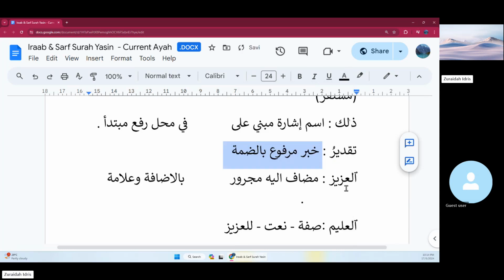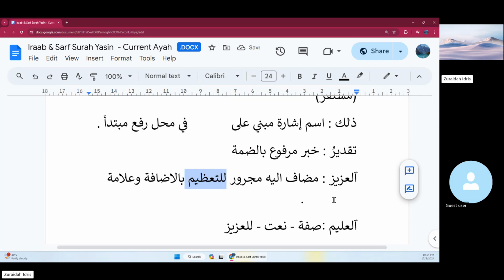Finally, these two that we saw. I prefer not to call it this one majrur lil ta'zim because it's addressing Allah, so that's why we say it's lil ta'zim. Whenever something describes Allah, we say because of the greatness.